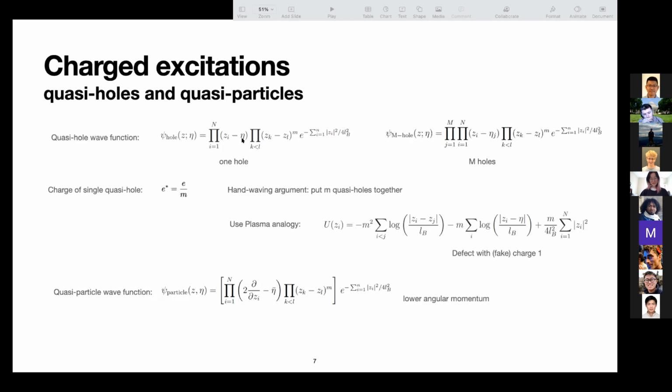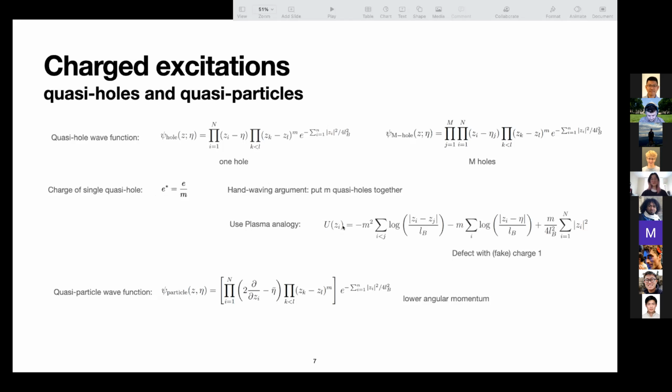That means we fix one electron in our system. So if we put m holes together, we get an electron. That means the quasi-hole actually has a charge of 1 over m.